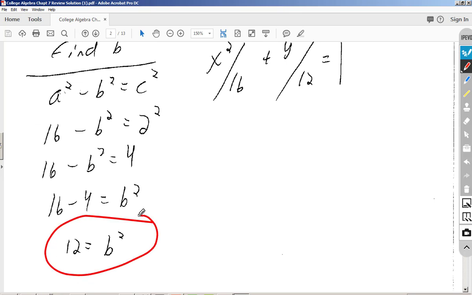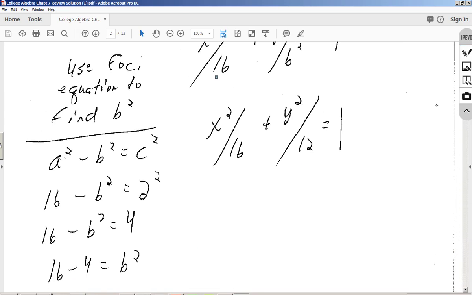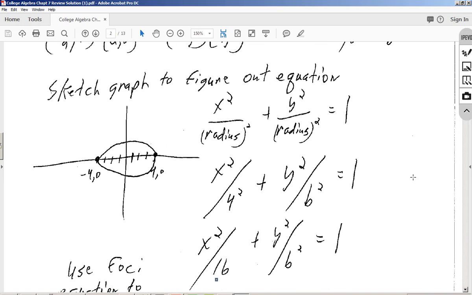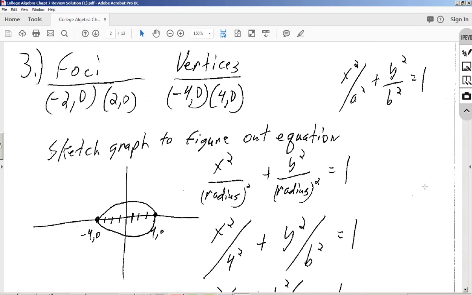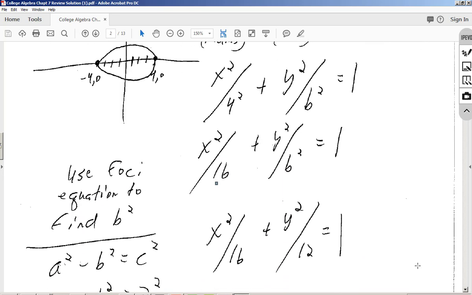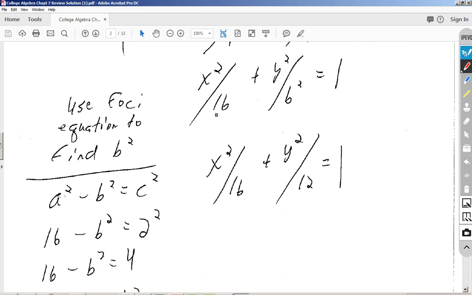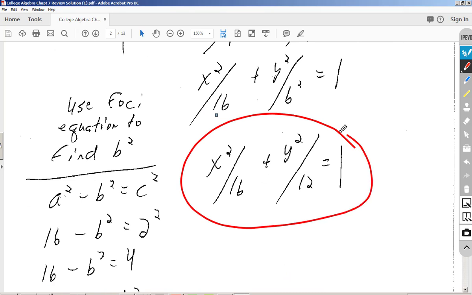I don't bother taking the square root because it's just going to be substituted into that equation. So the equation that has foci at negative 2 and 0, 2 and 0, and vertices at negative 4 and 0, 4 and 0, ends up being x squared all over 16 plus y squared all over 12 all equals 1.